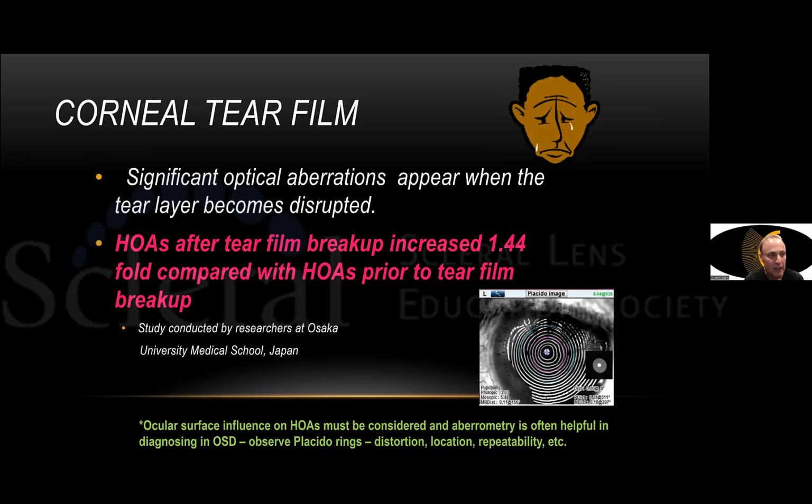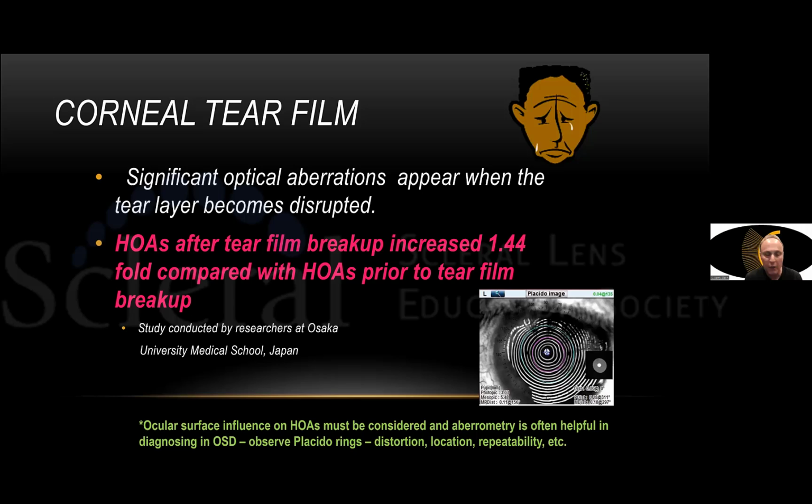As we're measuring aberrometry and you're seeing abnormalities, especially of the external or the anterior, it's influenced both by the tear film and the shape of the anterior cornea. And you have to make sure that you're not getting influences of the tear film confounding the way you're looking at the anterior cornea. How do you do that? You do repeated measurements.